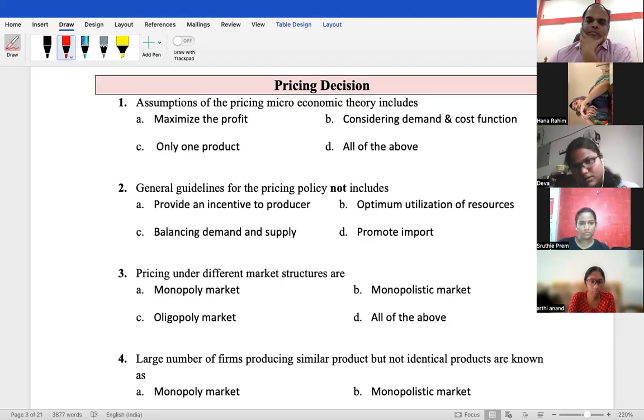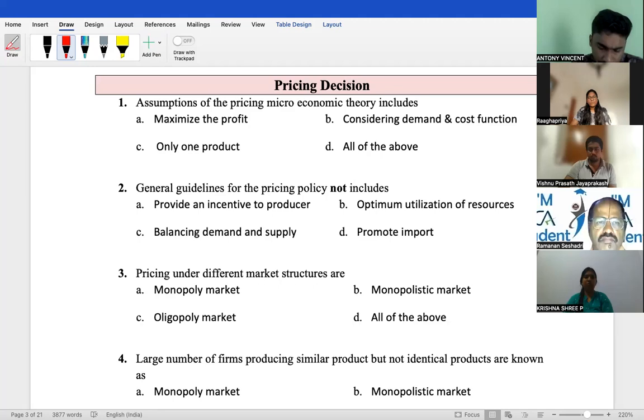Assumptions of the pricing microeconomic theory include: maximize the profit, considering demand and cost function, only one product, all of the above. All of the above. Next.